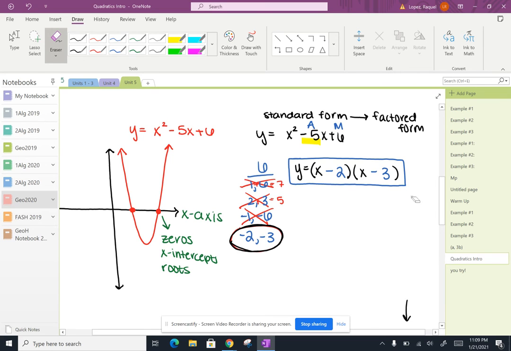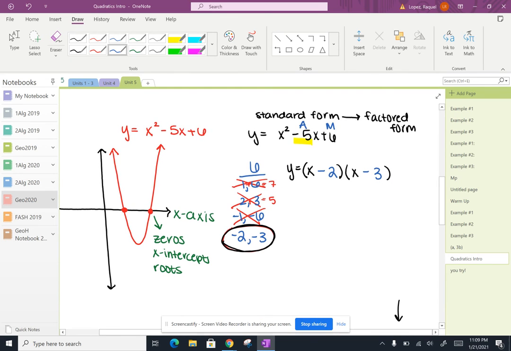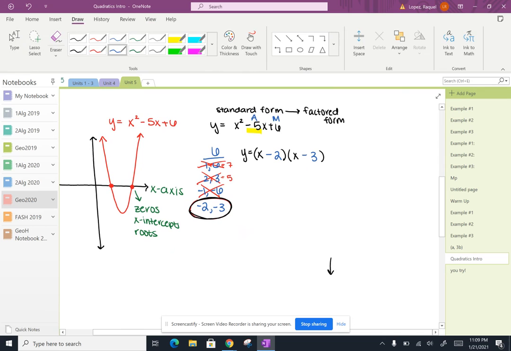Okay, but we're not done. Now that we've factored it, we need to use the zero product property. Let me zoom out here just a little bit. The zero product property states that if I've got two numbers, some numbers A and B, and I multiply them and they equal 0, then either A is 0 or B is 0.